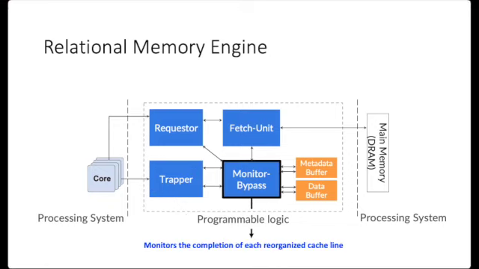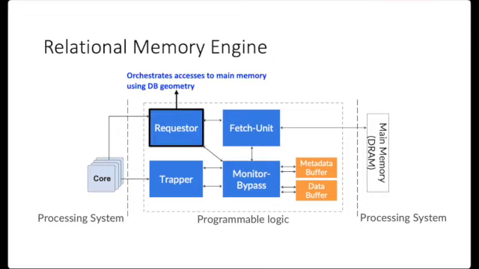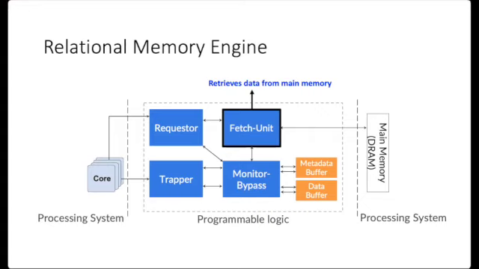Monitor bypass monitors the completion and availability status of the reorganized data. Requester orchestrates accesses to main memory using DB geometry. Fetch unit retrieves the data from memory.